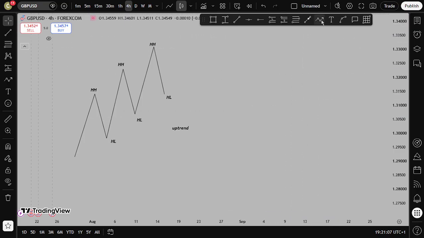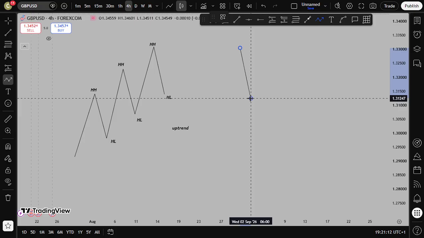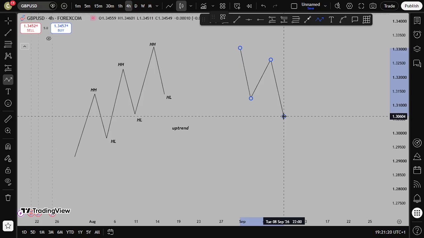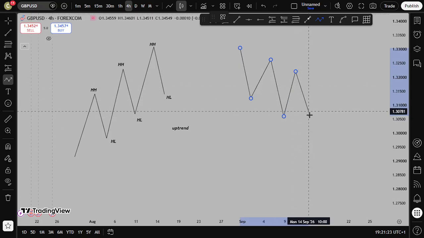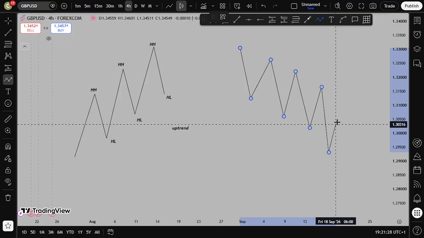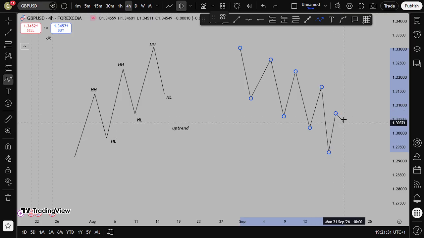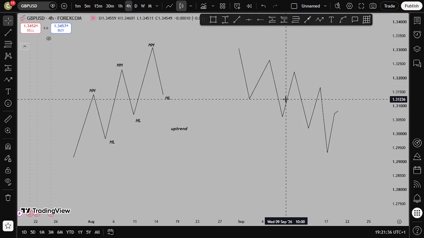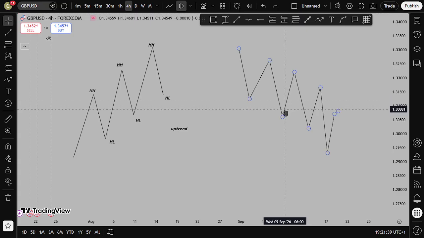We have something like this: lower low, lower high, lower low, lower high, and as long as this continues, it shows that we are going downwards. So the market is bearish. That's another term used for downtrend. Bearish, downtrend.